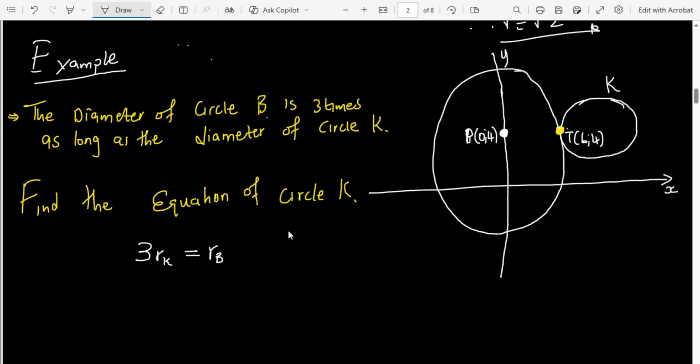Please pause the lesson and make sure this makes sense. You understand what I'm trying to do here.